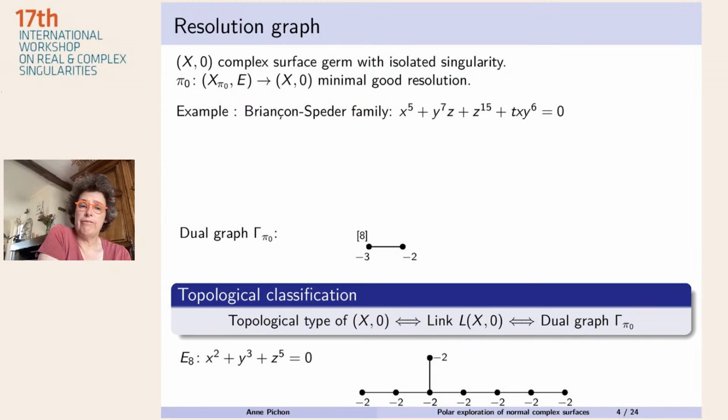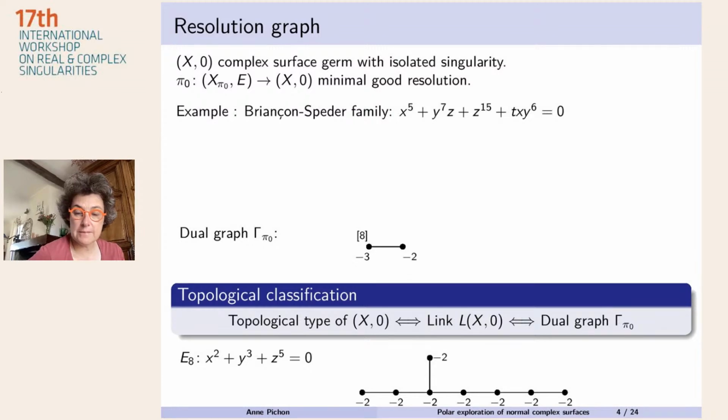From this minimal good resolution, you can associate the dual graph Γ(π0), whose vertices are in bijection with the irreducible components of the exceptional divisor E, and the edges are in bijection with the intersections between the irreducible components. Here you have only one intersection point between the components.